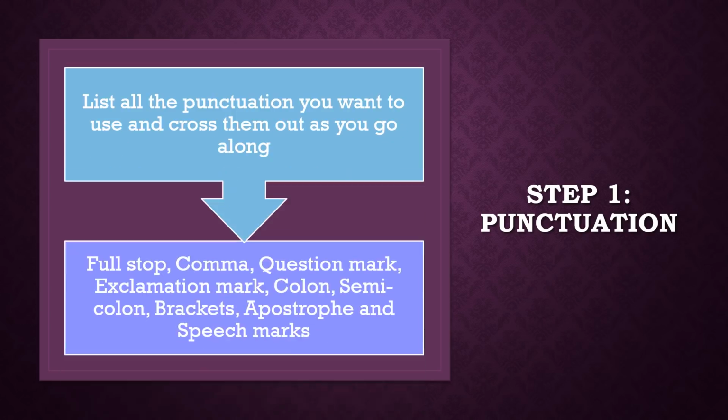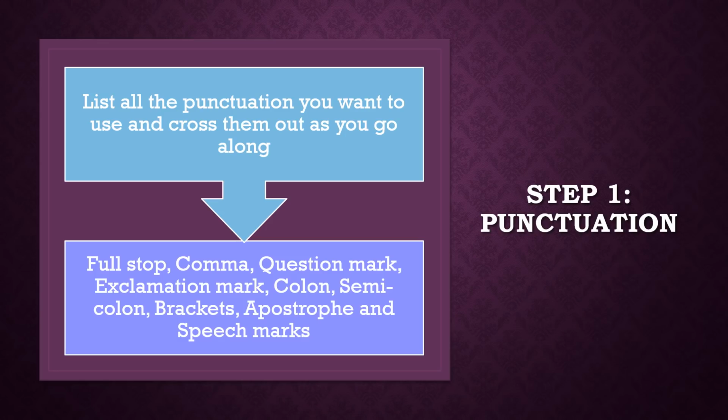Step 1. Punctuation. List all the punctuation you want to use and cross them out as you go along. So things like full stop, comma, question mark, exclamation mark, colon, semicolon, brackets, apostrophe and speech marks. You don't have to use all of them, but most of these punctuations are used almost all the time by you.